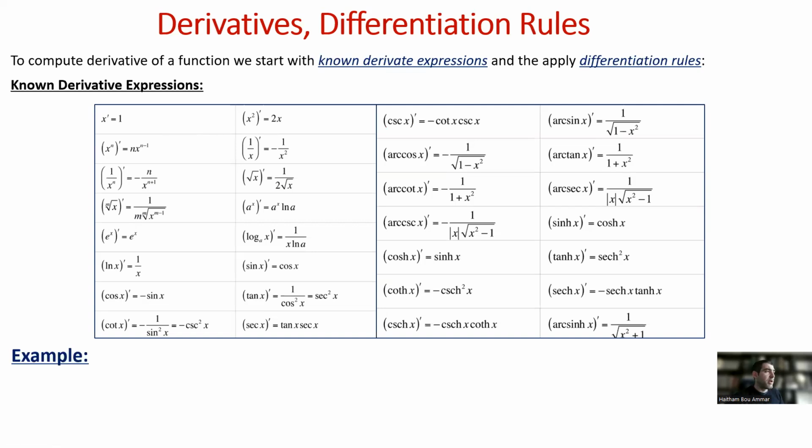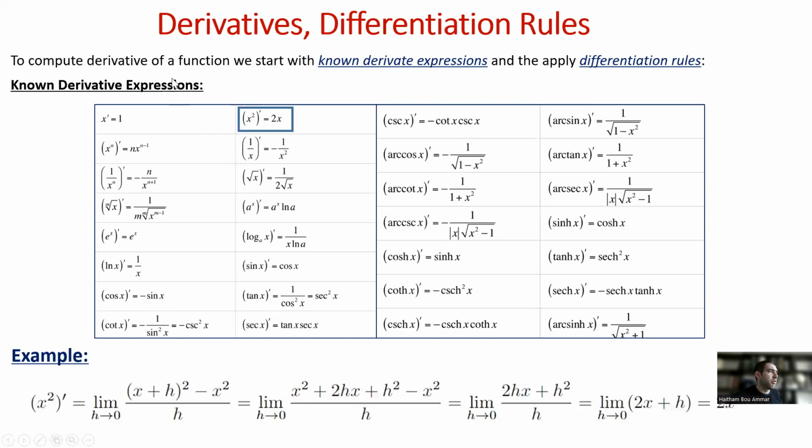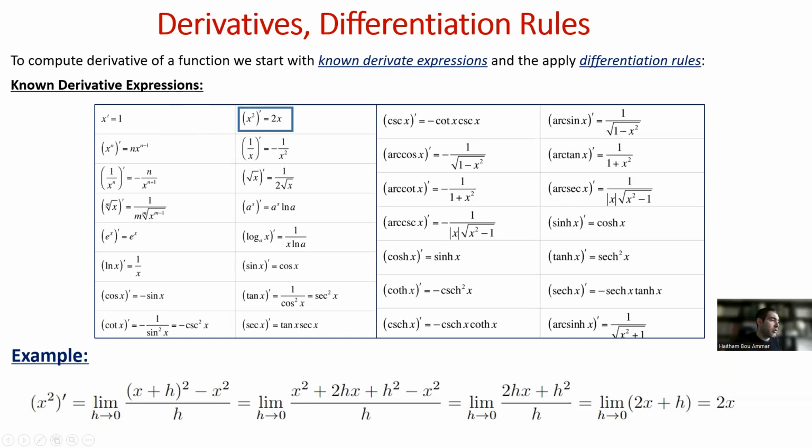Let's consider an example of how we got these table values. For example, we'll consider the quadratic function x squared. Following the definition of the derivative, in order to compute the derivative of the function x squared at any point x, we consider the limit of (x plus h) squared minus x squared, divided by h.